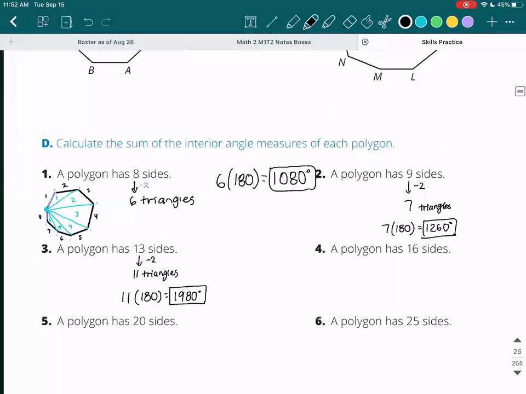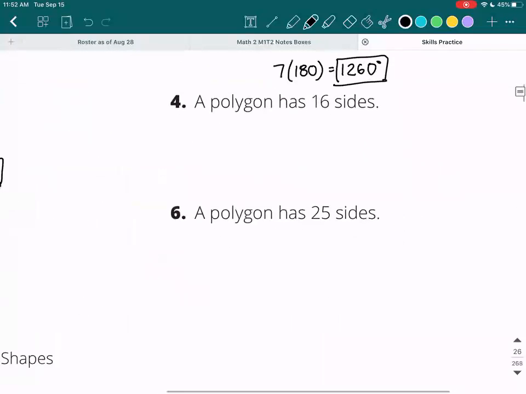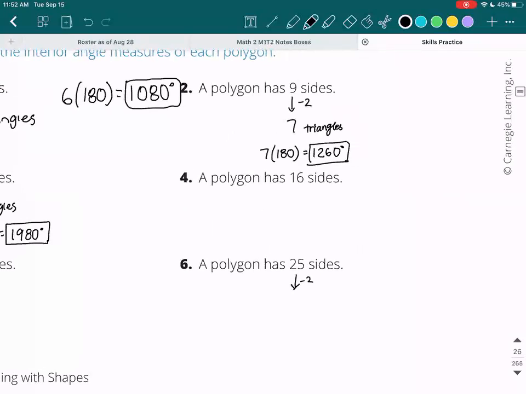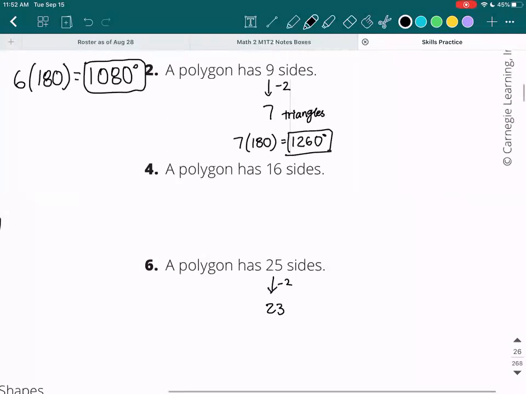Okay, let's see. Should we do more of these? Let's do one more. Let's just do number 6 because it has a big number. Okay, 25 sides. We're going to take away 2. That leaves us with how many triangles? 23. Also, if you needed number 2, it's right up here, okay?